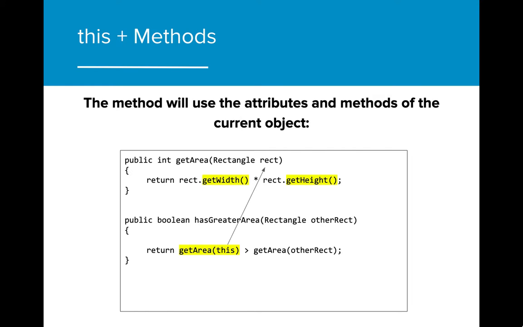If we change the previous method getArea to have a rectangle object as a formal parameter, we can call getArea(this) in the hasGreaterArea method to pass the entire rectangle object to the getArea method. Now when getArea is called, getWidth and getHeight will be called on the object referred to as this.